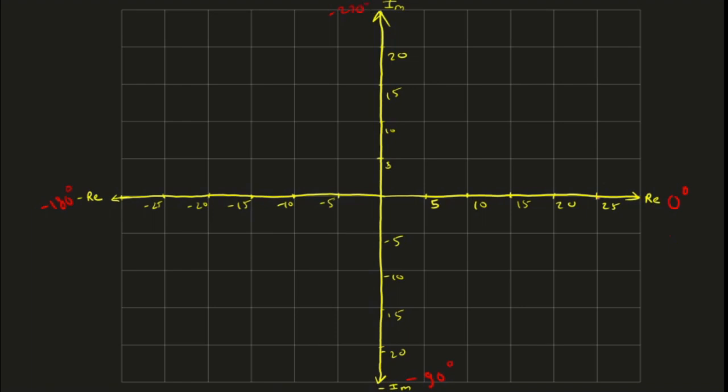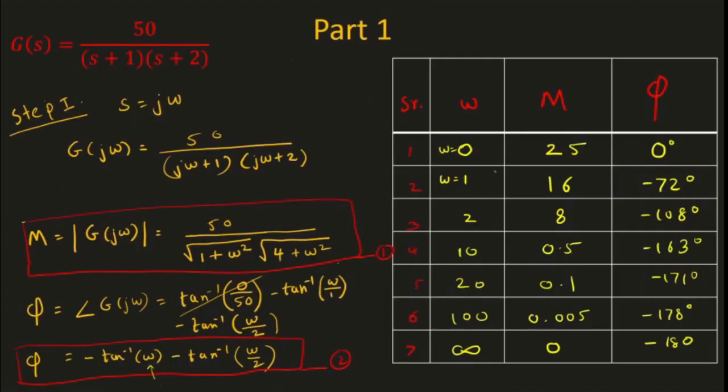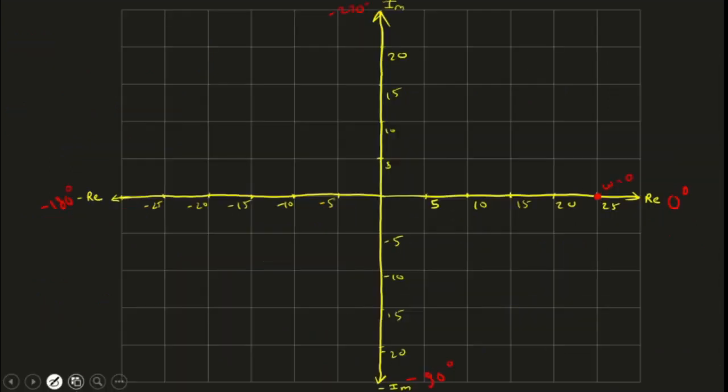So for omega equal to 0, I'll get the first point, this one, at 25 and angle 0 degree. The second point, omega equal to 1, I'll get magnitude 60 at angle minus 72 degree.